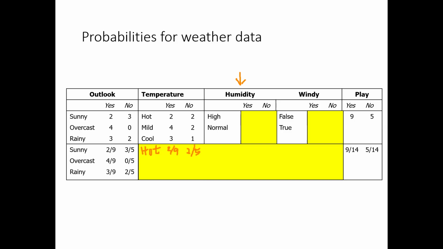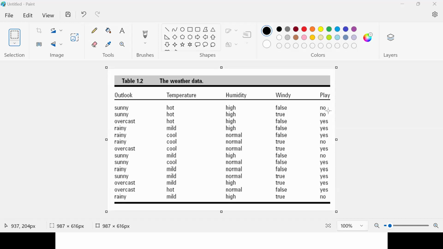Now, having got the data set, I want you to look at how many times, for the humidity, the 2 values, high and normal, appear with yes and no. So first look at high.